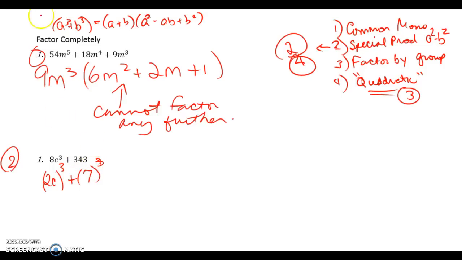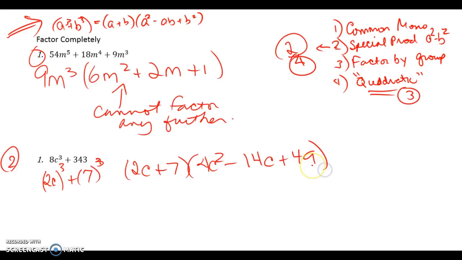So I fill it out according to this up here, and it says, okay, a plus b. I take a squared, 4c squared, minus ab plus b squared. All right, that's it. That's all you have to do for those cubes. The important thing is making sure you know what's cubed here and what's cubed here.